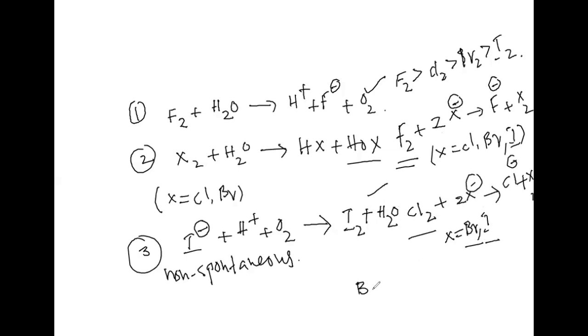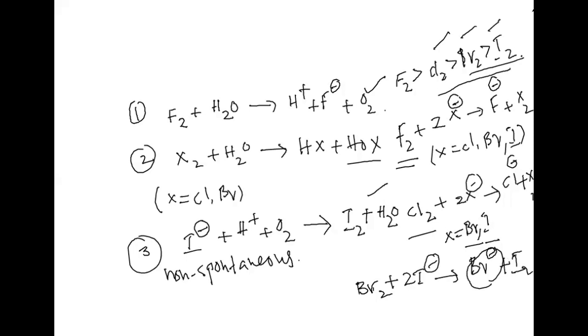Even in the next case, bromine can displace iodine. That is why directly I am writing I minus. It gives rise to Br minus plus I2. Means fluorine can displace the remaining 3 from their aqueous solutions. Chlorine can displace the remaining 2.